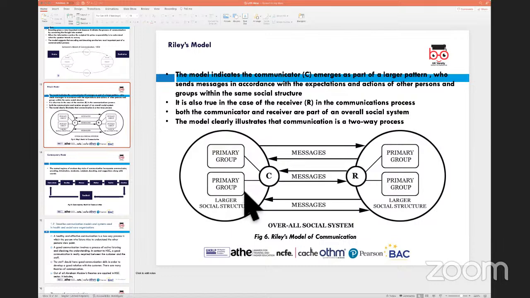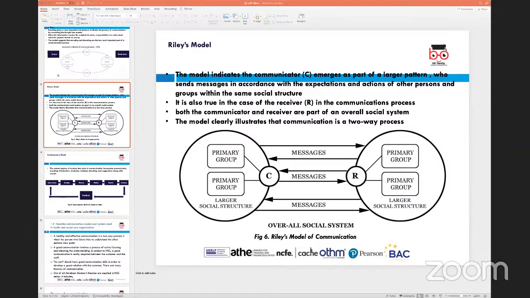And this process, which is a two-way communication system, generally tends to happen within a group of individuals. That is why this particular model focused on Riley's model of communication. So here, the focus is on understanding how communication happens within social groups.